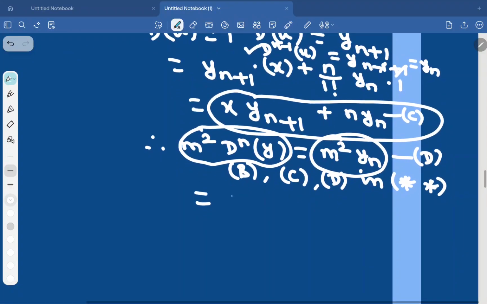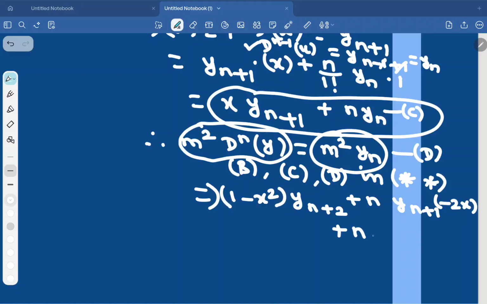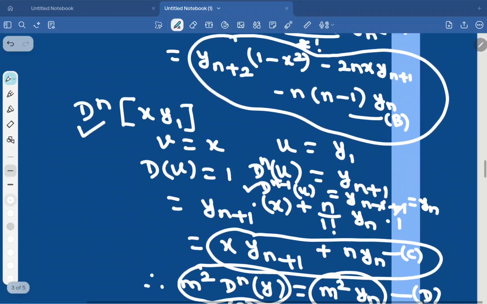Therefore, 1 minus x square y n plus 2 plus n y n plus 1 minus 2x plus n into n minus 1 into minus 1.